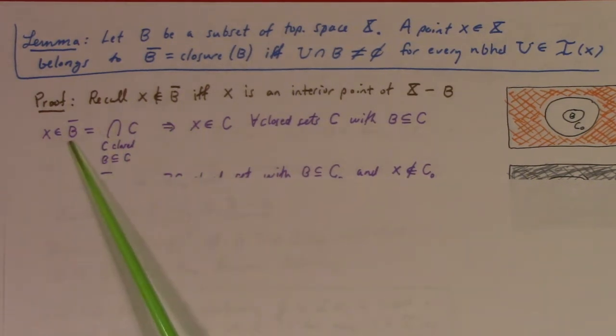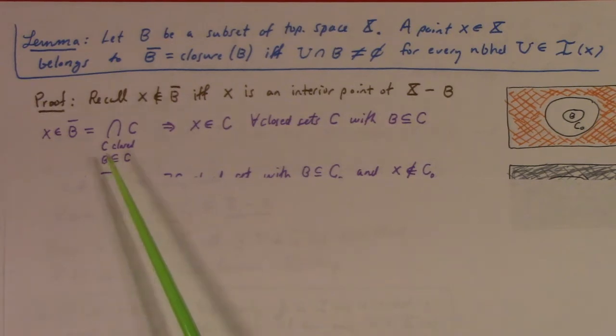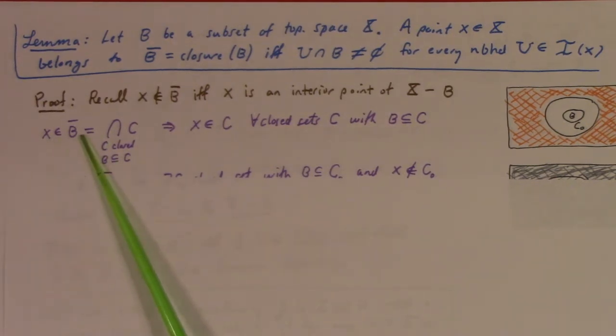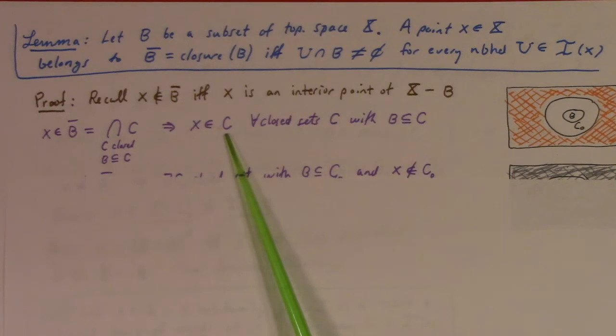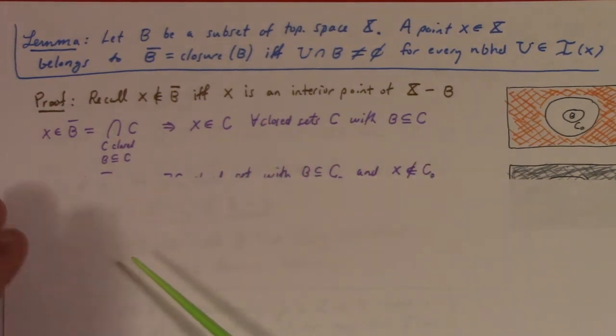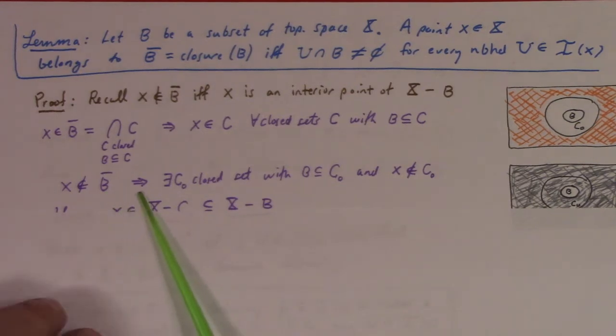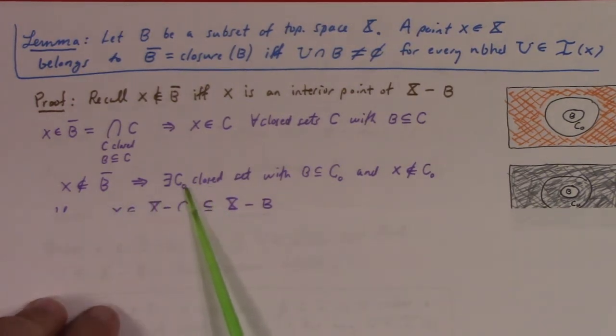If X is an element of the closure of B, that's the intersection of all closed sets containing B. So X is an element of every closed set which contains B. But if X is not an element of the closure of B, that means there exists C naught, some closed set which contains B, and X is not an element of that closed set.